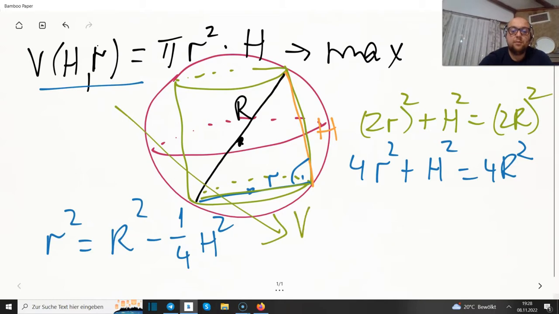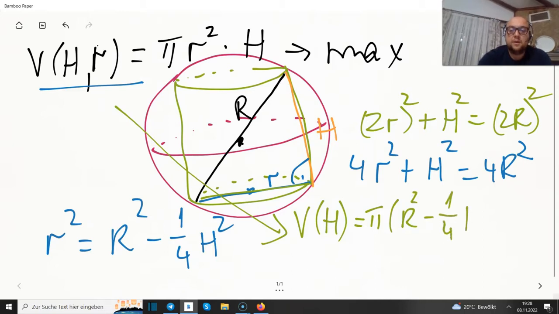Our function is now a little bit changed, so let's see what happened. We have the volume function dependent only on capital H now, because small r squared is just being substituted. So we have pi, parenthesis opened, R squared minus a quarter h squared, parenthesis closed, times h. So this is the function we have to maximize now, and this is relatively easy to follow, right?